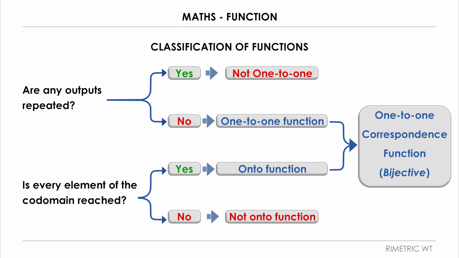So why do mathematicians care so much about these labels? This all comes down to the concept of invertibility. Only bijective functions, or one-to-one correspondence functions, have inverses that are also functions. If a function isn't one-to-one, its reverse would have one input pointing to multiple outputs, which violates the very definition of a function.